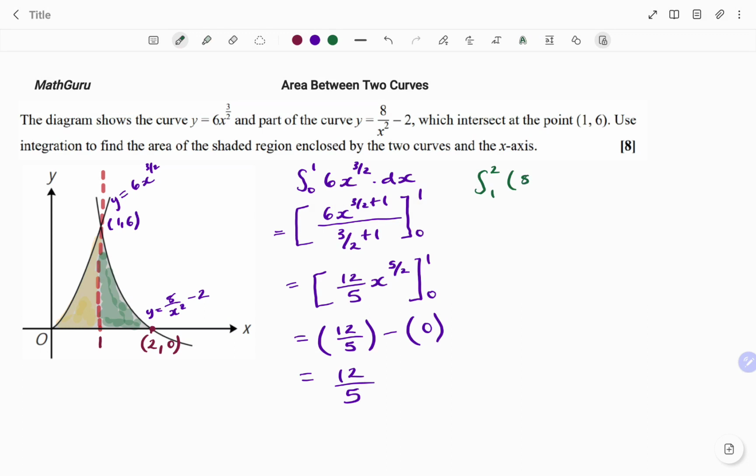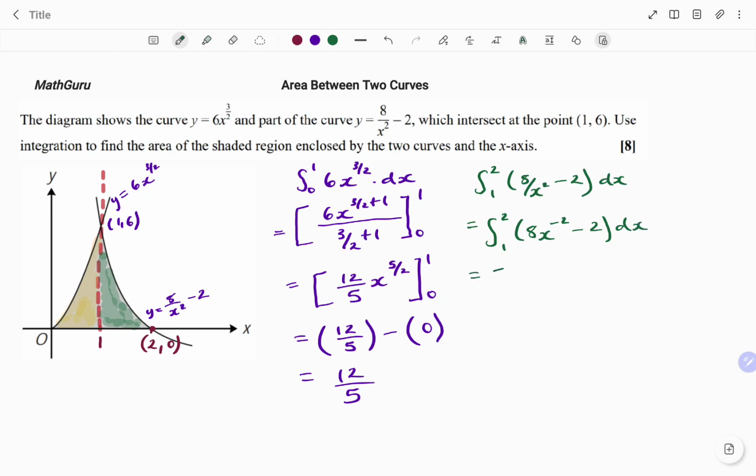So I have 8 over x squared minus 2 with respect to x. Then I have that as the integral from 1 to 2. I'm going to tidy up what I have in the bracket, make it linear. That's minus 2, applying laws of exponent. If I bring up my x, it's x to the minus 2, with respect to x.